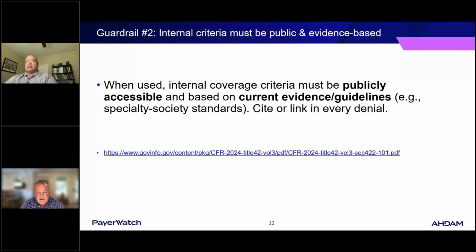And so the definition, in my opinion, of publicly accessible, sometimes the insurers are running fast and loose with that. They certainly have to be based on current evidence guidelines. The American College of Cardiology standards, for example, American Society of Gastroenterology. And again, this is reiterated by the federal government.